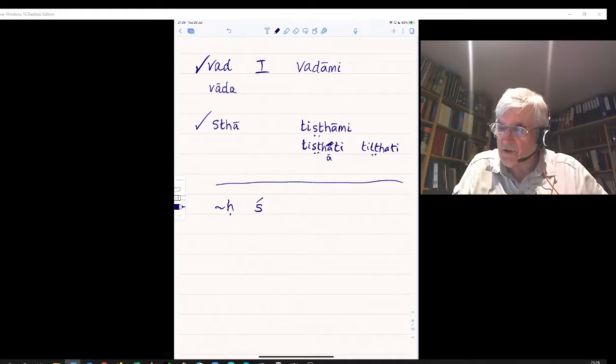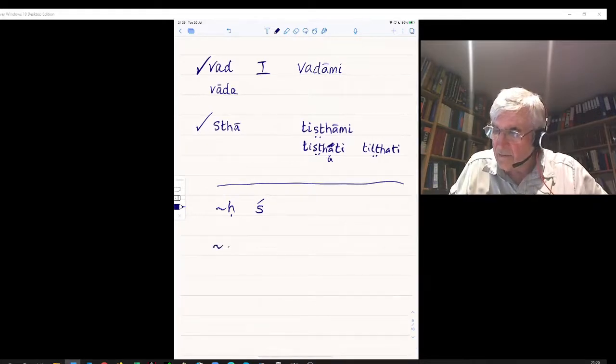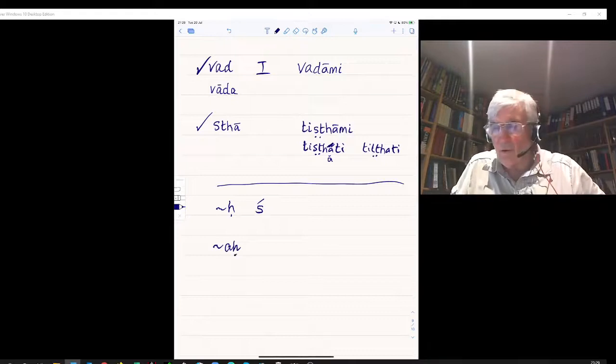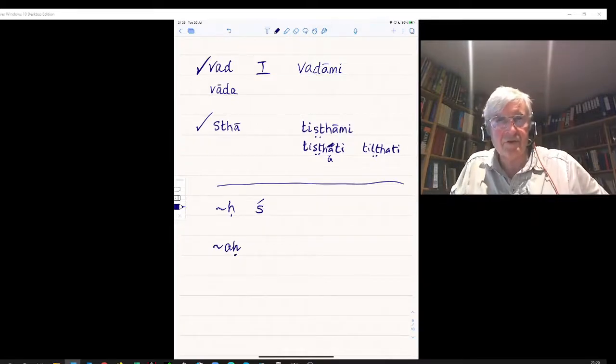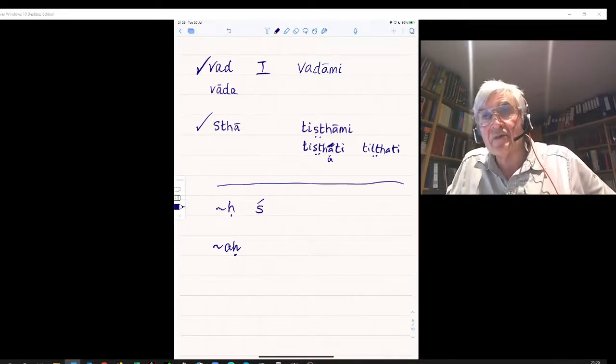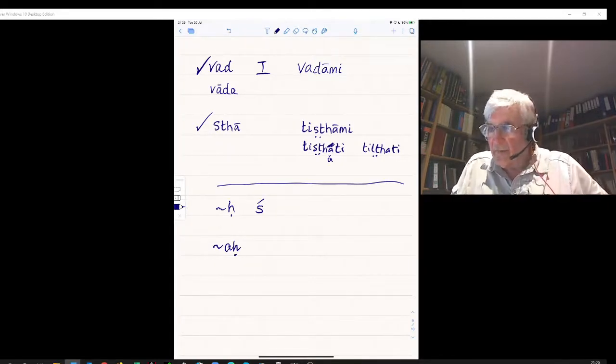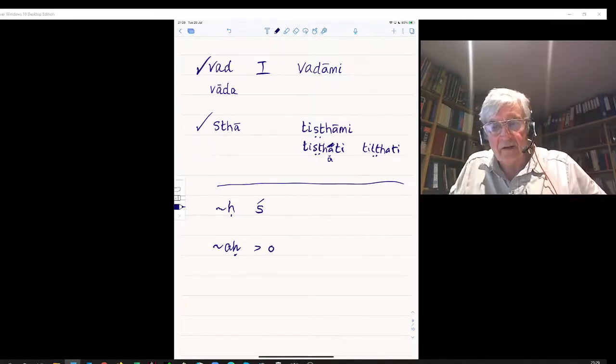That is because this final visarga before a voiced consonant, which is g, voiced as opposed to k, unvoiced, becomes an o. So tiṣṭhāmo gacchāmaścha, and gacchāmaścha, as I've just explained, the cha becomes śch.